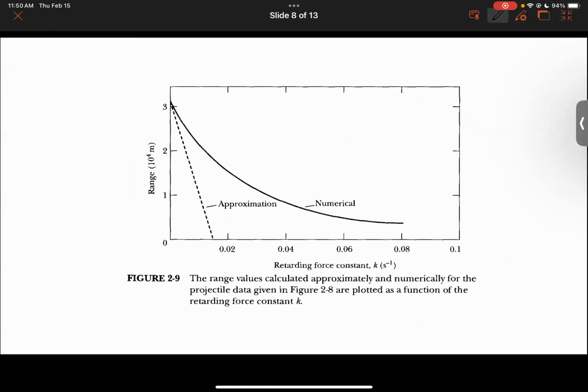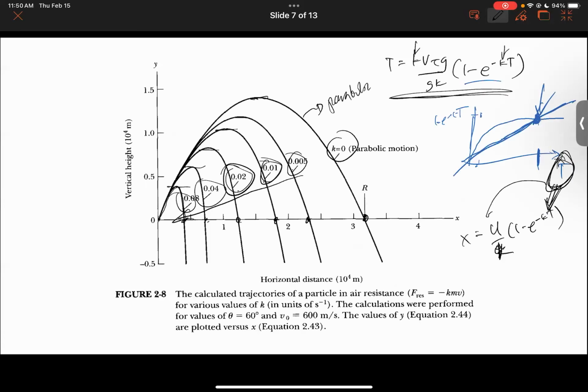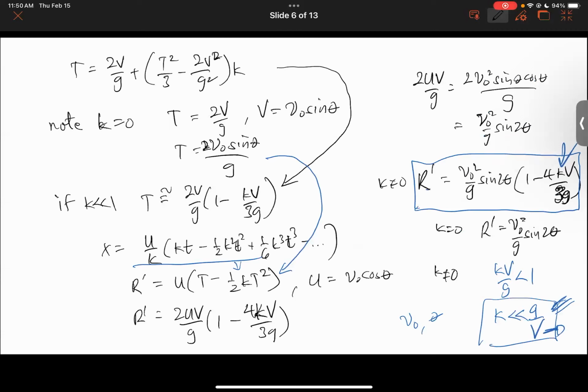And if you do that, okay, ganito yung lalabas. For different values of the force constant of air resistance, nag-iiba rin yung value ng range, and makikita nyo na yung range ay lumiliit. But if we use yung approximation na ginamit natin kanina, we'll see na linear lang yung range.